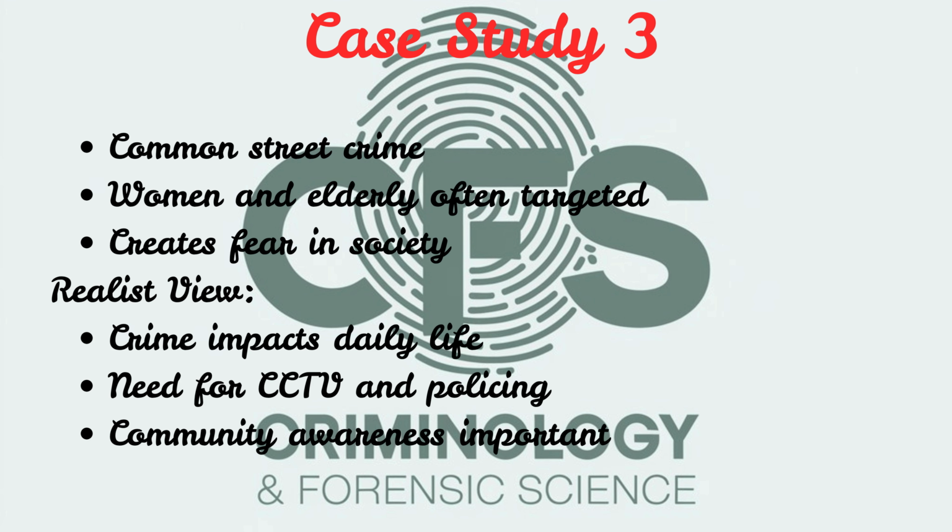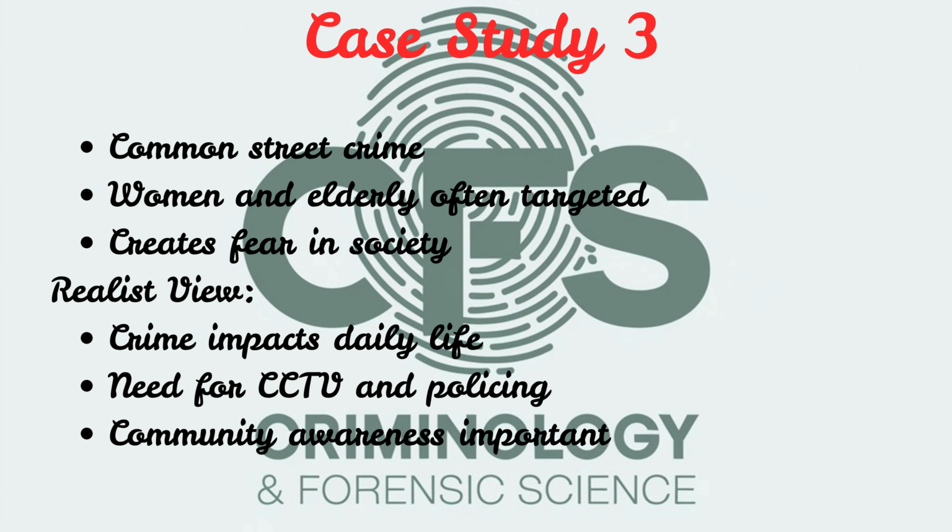Chain snatching and street crimes are frequently reported in cities like Bangalore. These crimes often target women and elderly individuals in less crowded areas. While these may appear as minor offenses, they create fear and insecurity in society. From a left realist perspective, such crimes can be linked to unemployment, lack of opportunities, and social inequality.